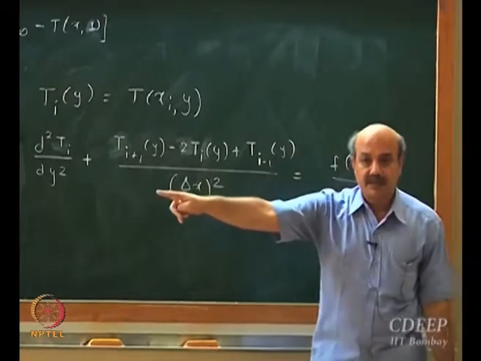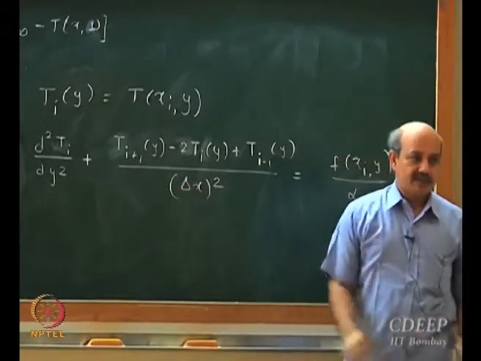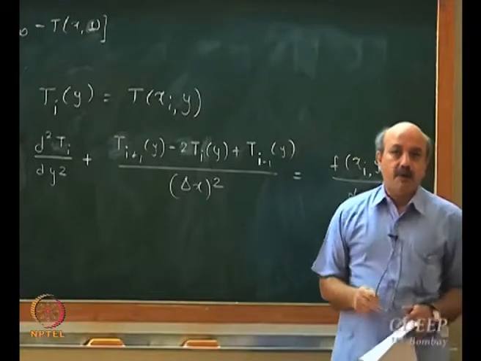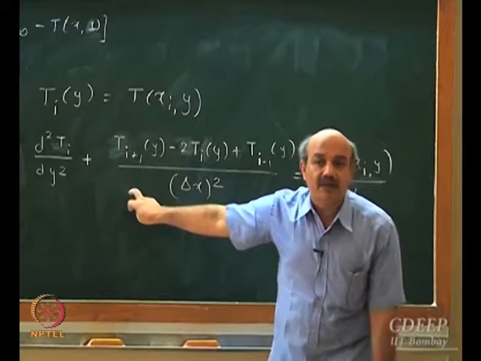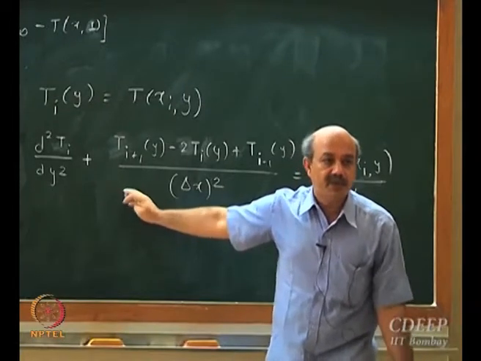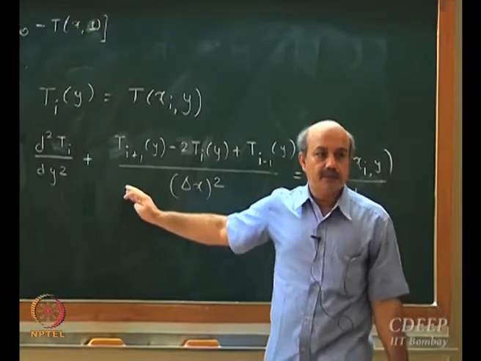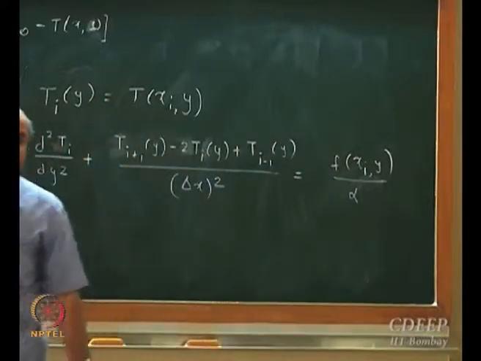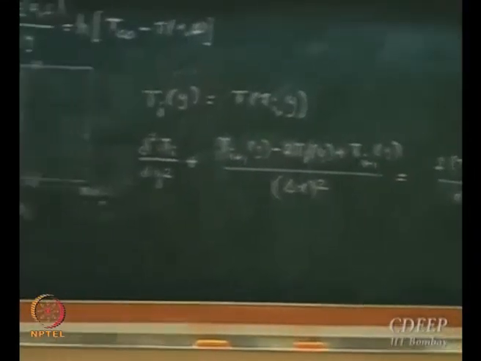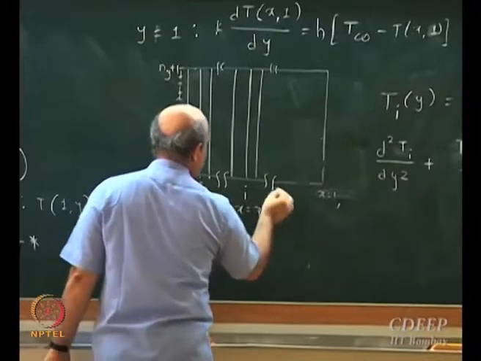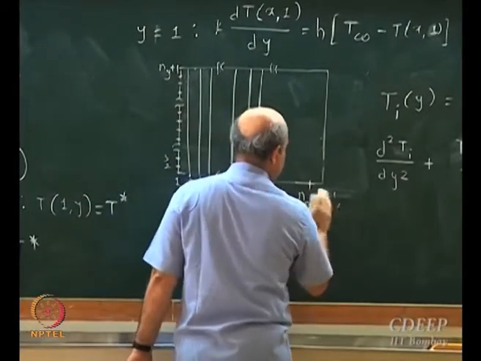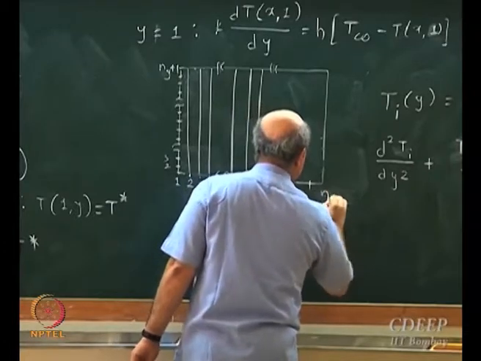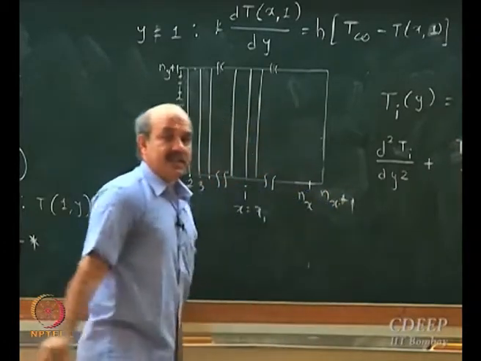Now we have to use boundary conditions. How many ordinary differential equations do you get? At all the internal grid points, remember, at all the internal grid points: 2, 3, up to nx, and the last point is nx plus 1.